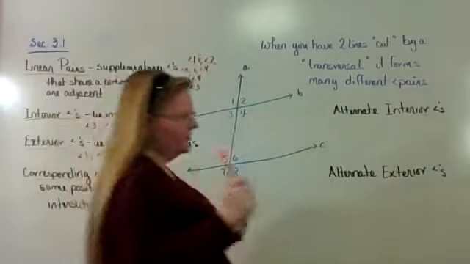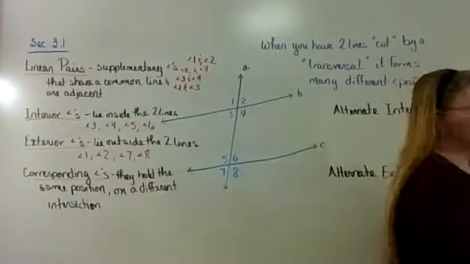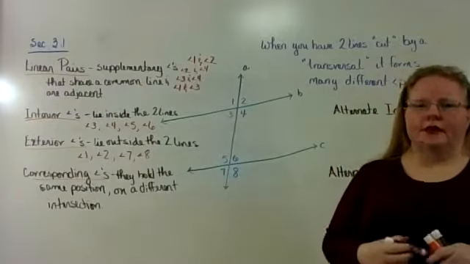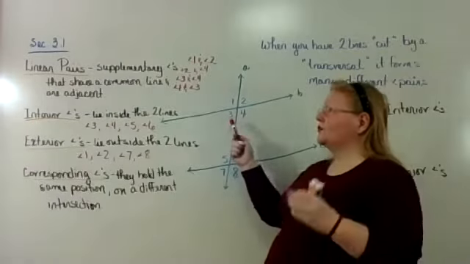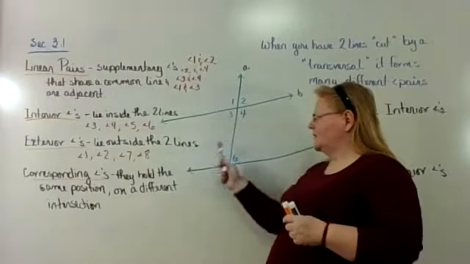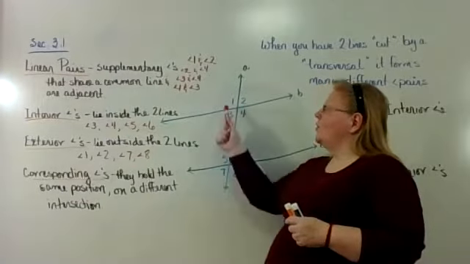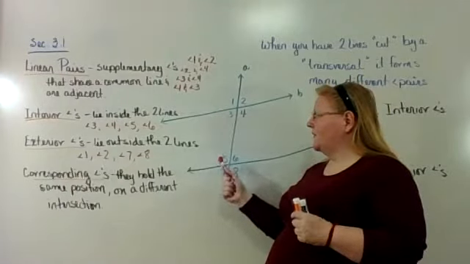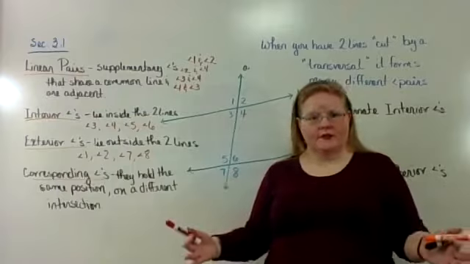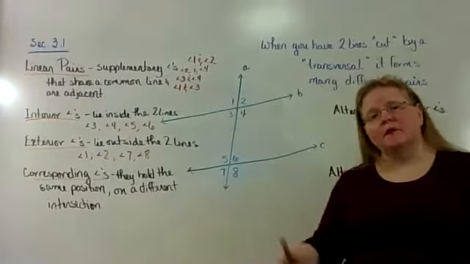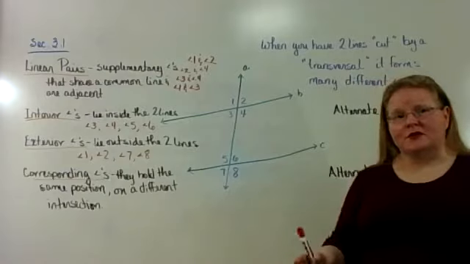So let's talk about this one because I got to make sure you get this one right. Corresponding angles have to hold the same position on a different intersection. So I've got 2 intersections. I've got this one up here and this one down here. So angle 1 holds the same position as angle 5. We don't know that they're the same. We don't know that they're not. We don't know anything about them except they are in the same general position.